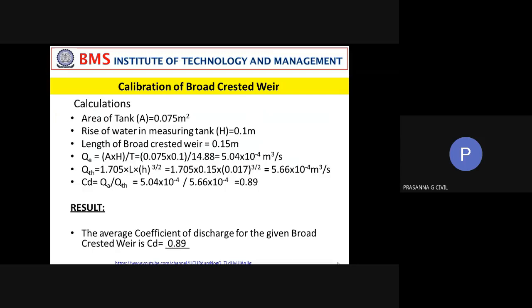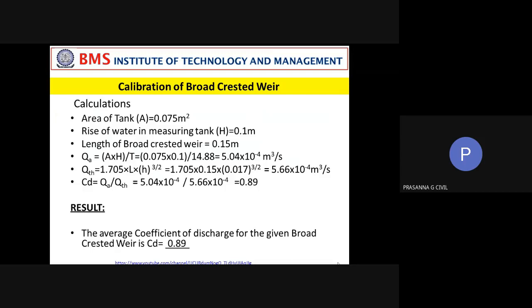Therefore, Q actual, A into H divided by T, was calculated as 5.04 into 10 raised to minus 4 meter cube per second, and Q theoretical was 1.705 into the length of the weir, 0.15 meters, into head over the weir, 0.017 raised to 3 by 2. So Q theoretical works out as 5.66 into 10 raised to minus 4 meter cube per second, and CD, which is Q actual by Q theoretical, works out to be 0.89.